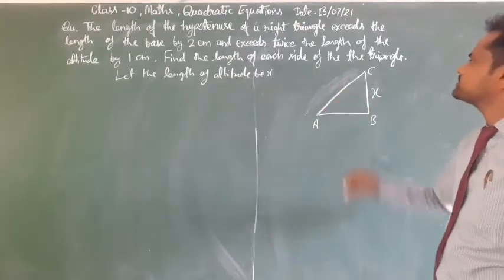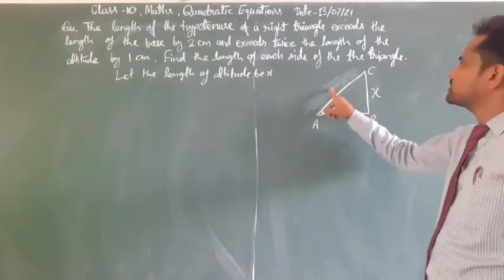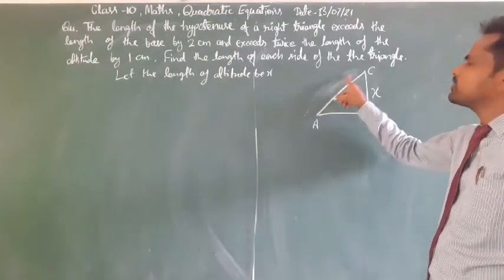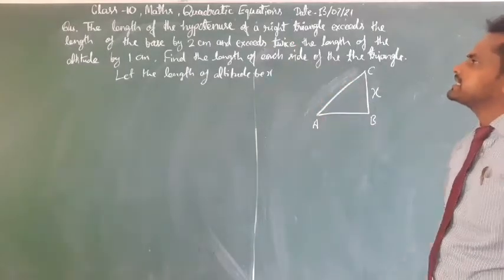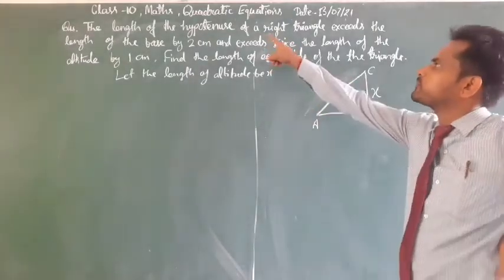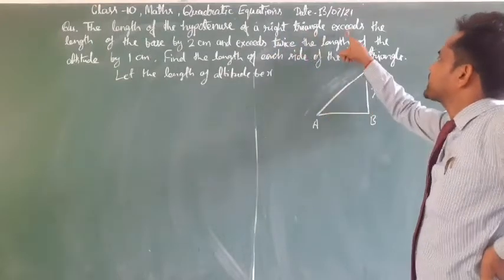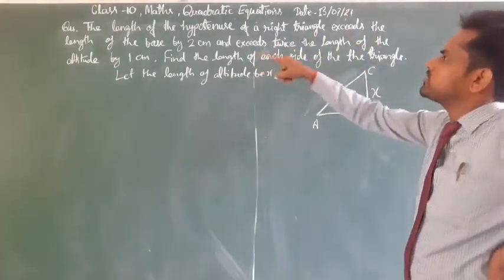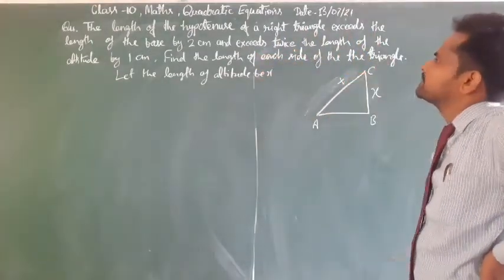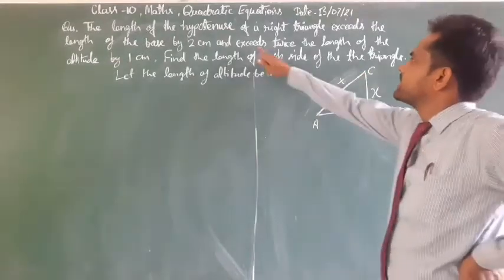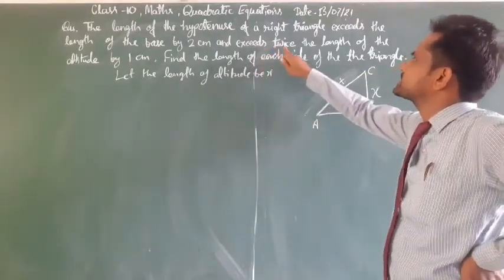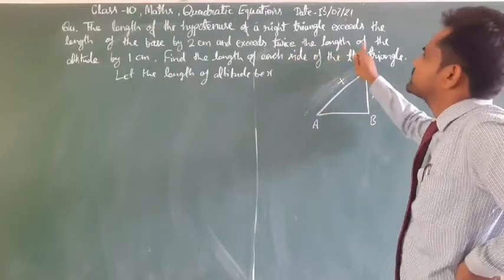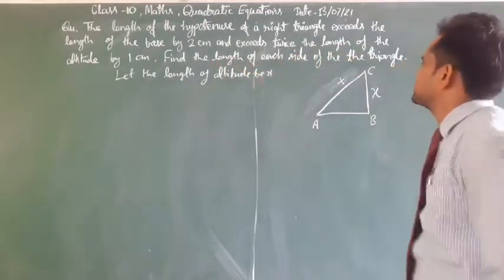What about the length of hypotenuse? It is said that the length of the hypotenuse of the right triangle exceeds the length of the base by 2 cm, and the length of the hypotenuse exceeds twice the length of the altitude by 1 cm.